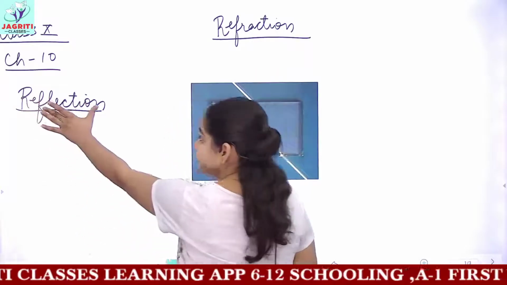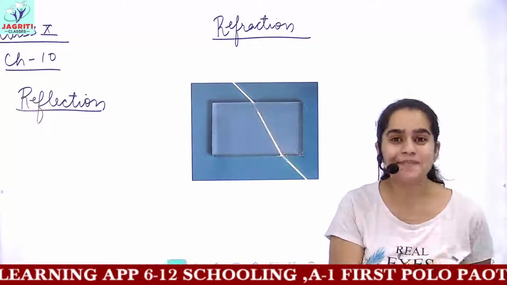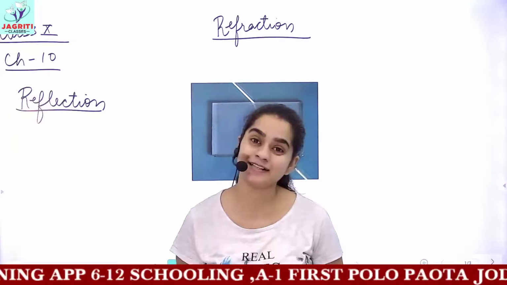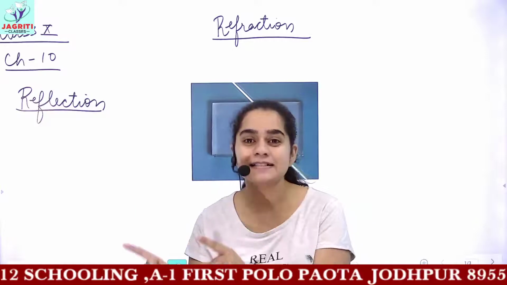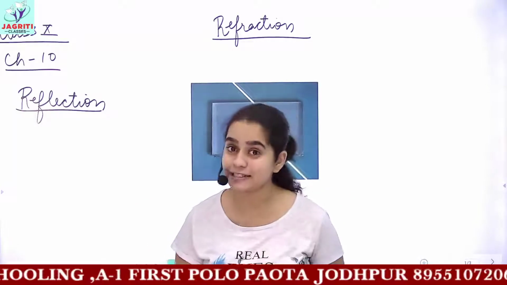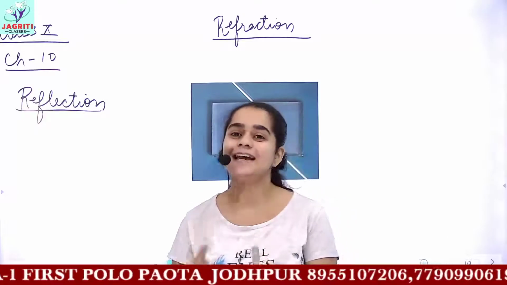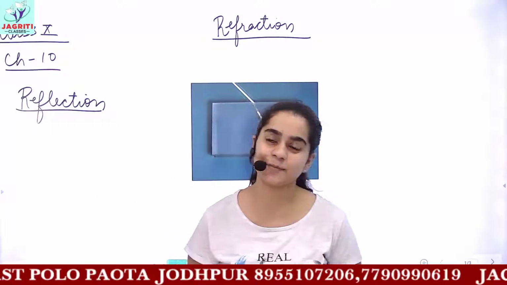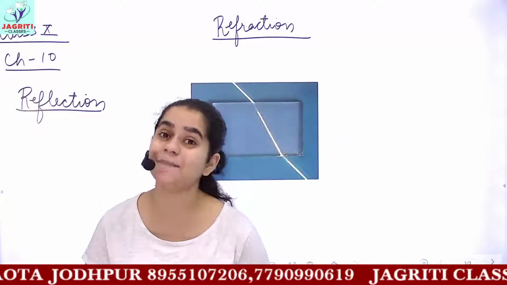So in the reflection topic we studied about mirrors. We studied about plane mirrors and spherical mirrors. Then we studied two categories of spherical mirrors, concave and convex. Then we studied some important concepts: concave mirror is called a converging mirror, whereas convex is known as diverging. Then we also studied the properties of the image formed by a plane mirror.